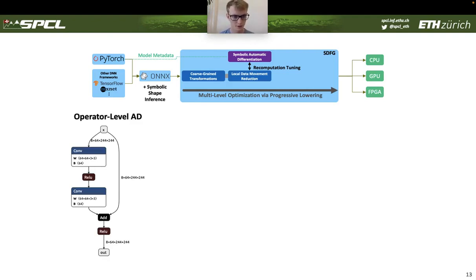So then in a typical framework, the way you actually do automatic differentiation is you go backwards in the graph. So you traverse the graph in reverse topological order. And for each operator in the forward pass, you insert a manually handwritten backward pass kernel. So in this case, here we've introduced a backward pass for the ReLU operator.